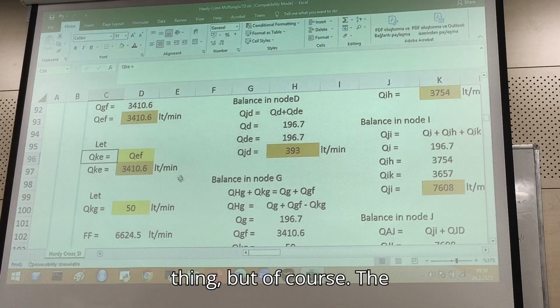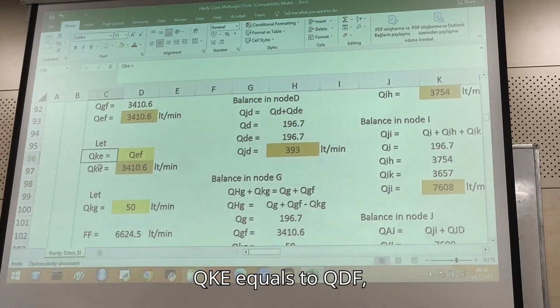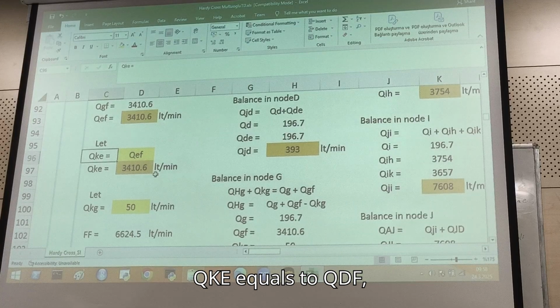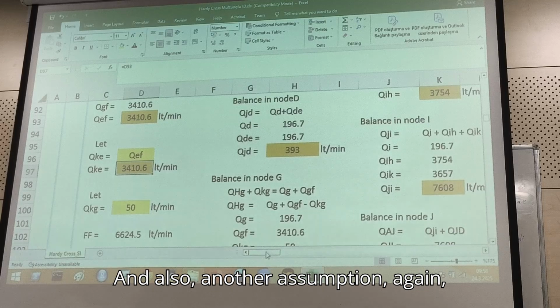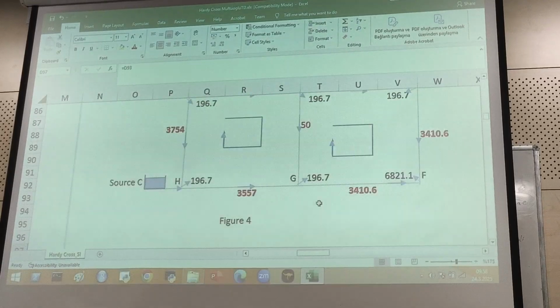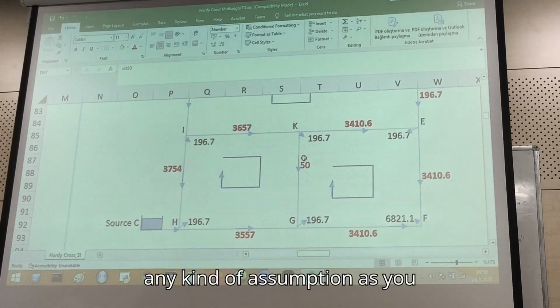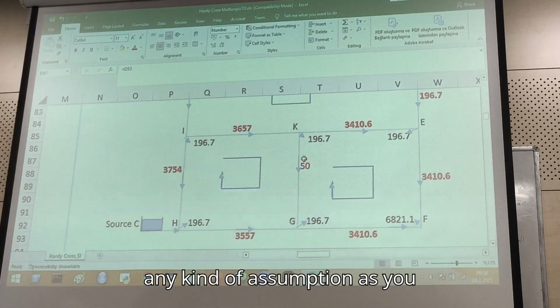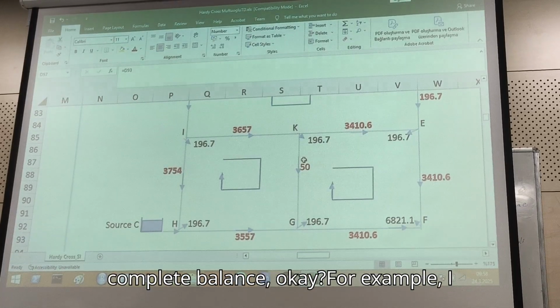But of course, the scientific way of writing it is this: let QKE equal QEF, and therefore QKE equals to this. And also another assumption, again, I am telling you, you can do any kind of assumption as you wish, as long as you satisfy the complete balance.